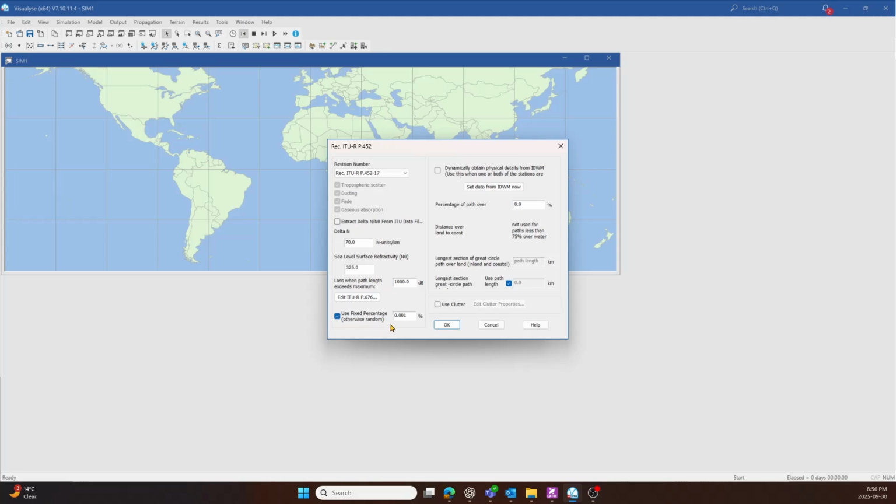The allowed range for this P is from 0.001 to 50. So 50 is the maximum, and 0.001 is the lowest value you can give to this parameter.